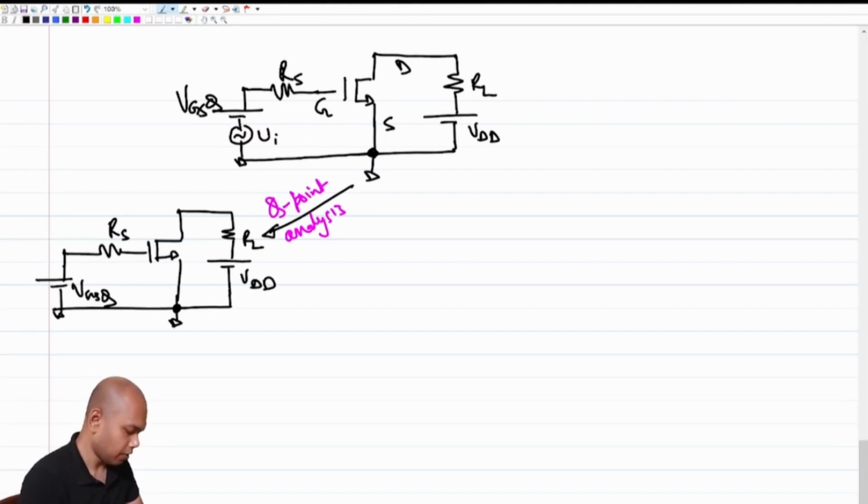Right, from here what will we find? We will find VGS, we'll find VDS, we'll find IDS, right?